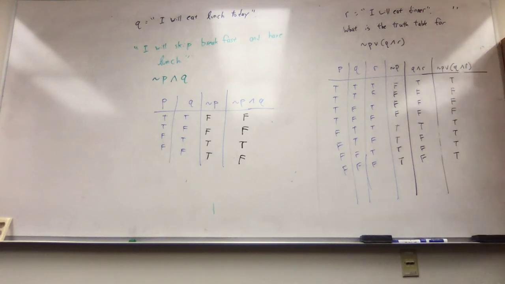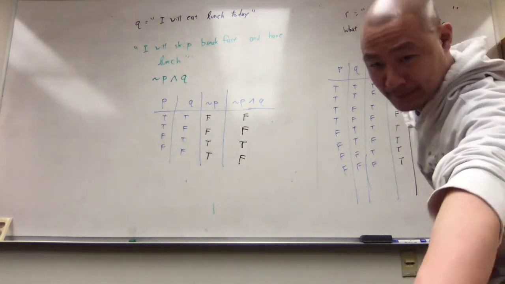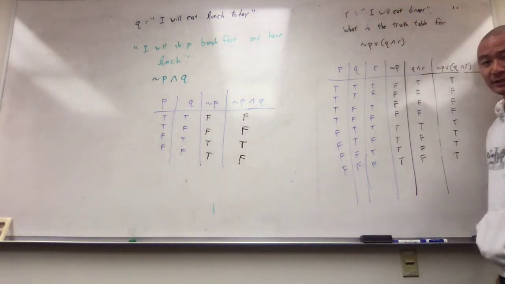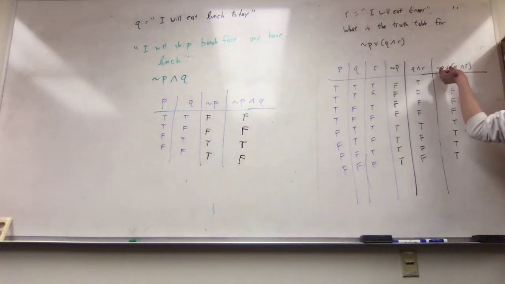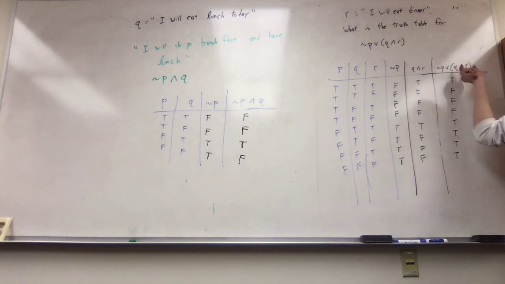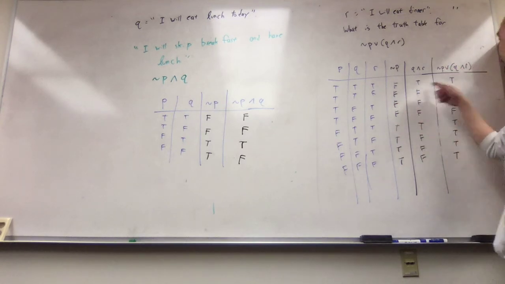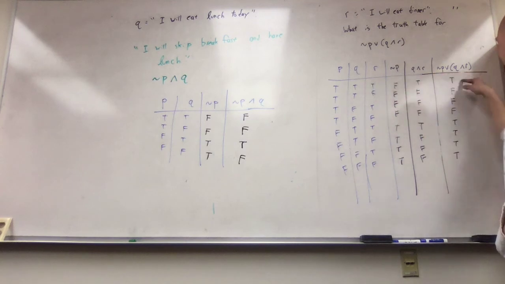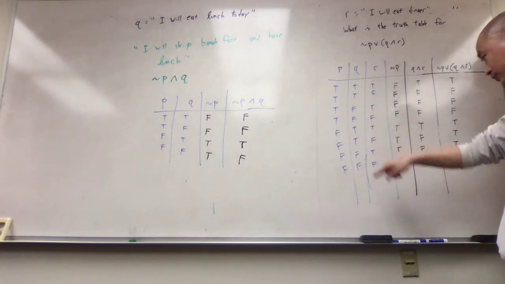So in the context of our meal examples, I'm either going to skip breakfast or I'm going to have lunch and dinner, right? So if you have lunch and dinner, that's true.